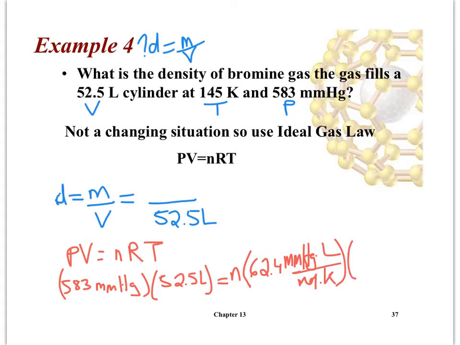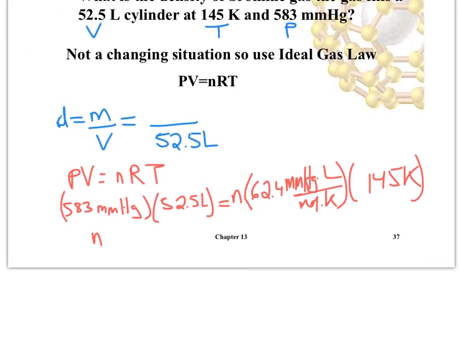And then my T is 145 Kelvin. That's pretty cold. My n, if I do that, ends up being 3.38 moles of bromine. But I wanted the mass, so I can plug it into my density equation.